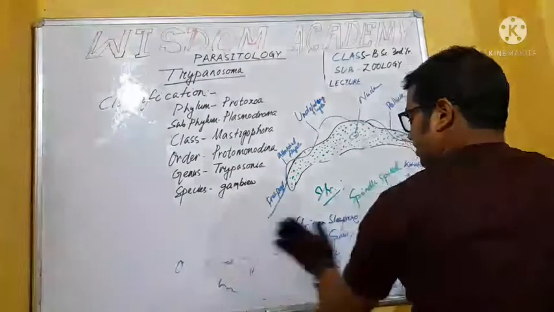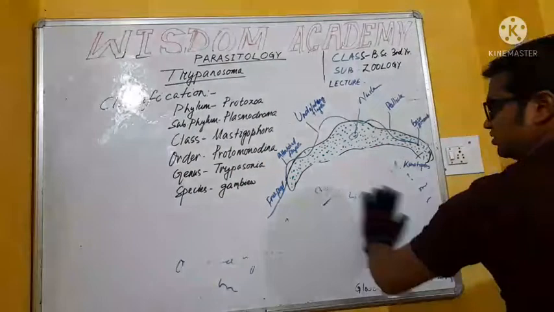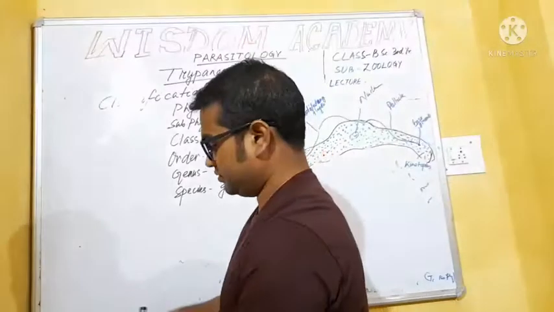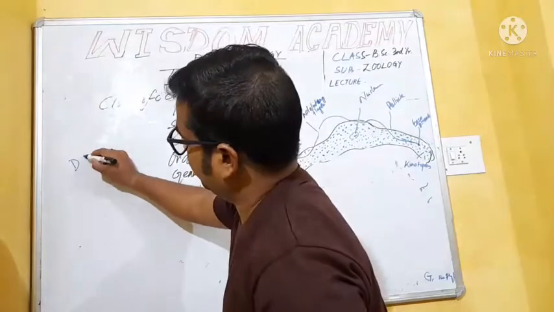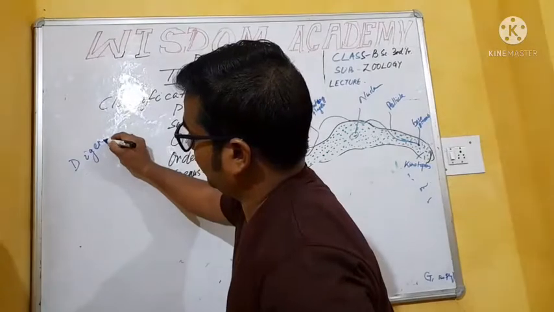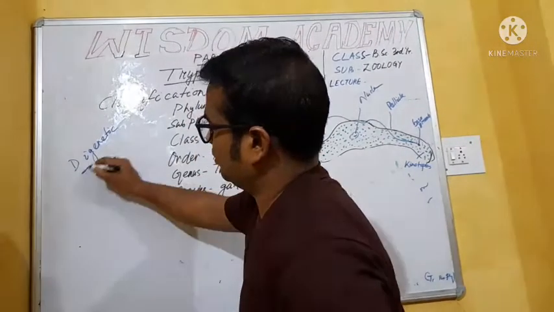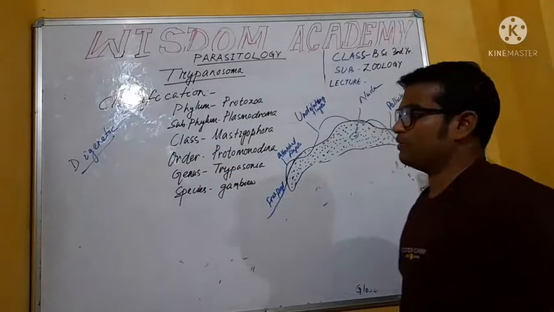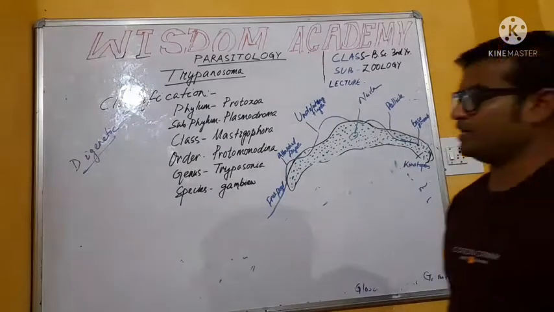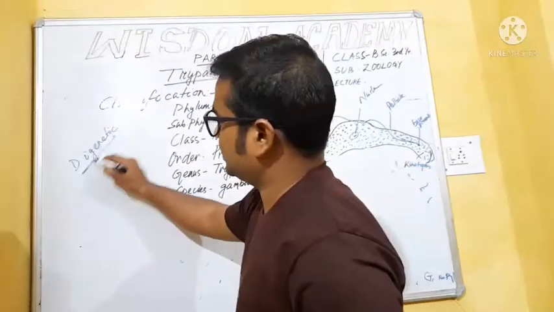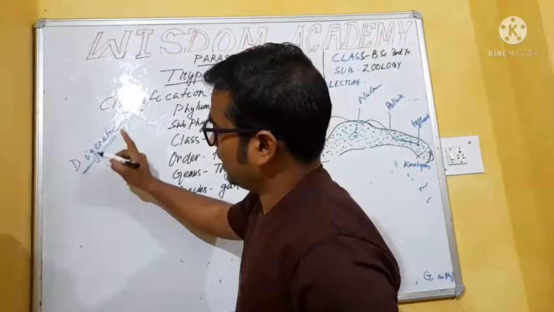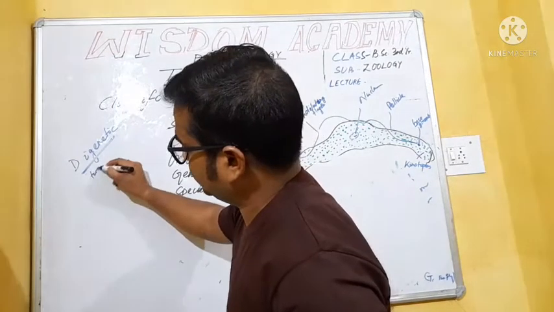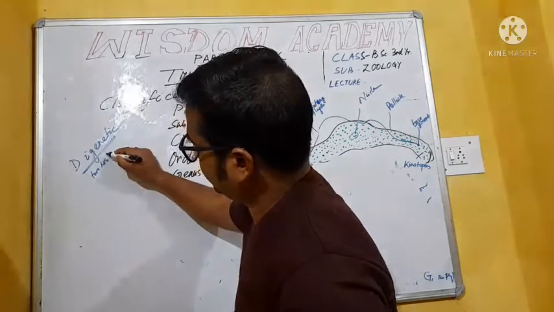Then the nature of Trypanosoma is digenetic. Students, what do you mean by digenetic? Digenetic means it completes its life cycle by requiring two hosts. Di means two.